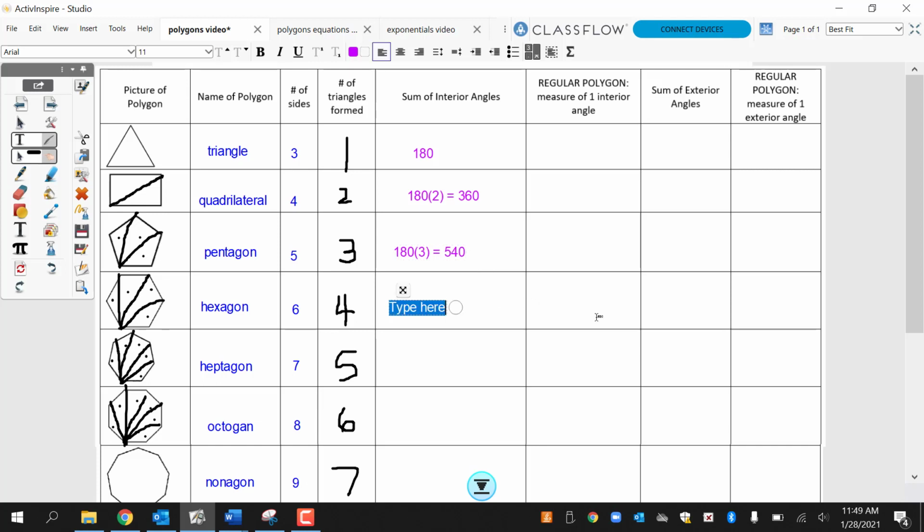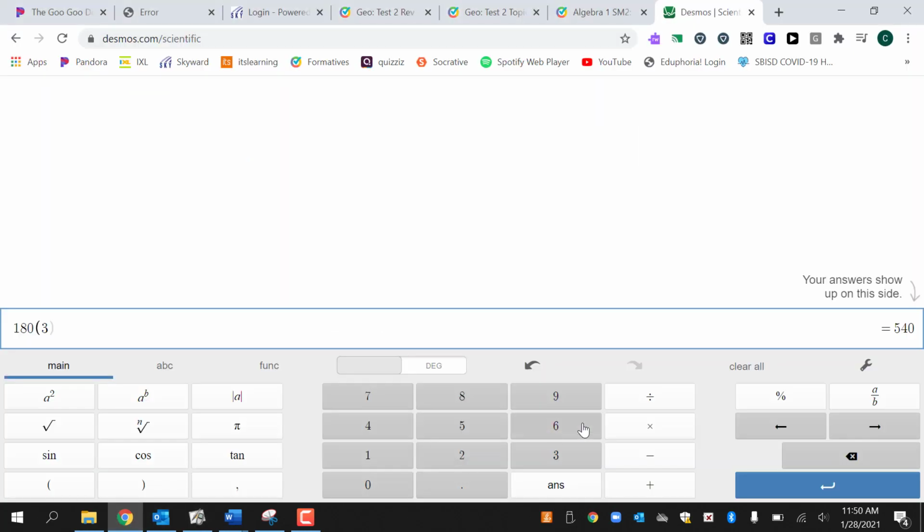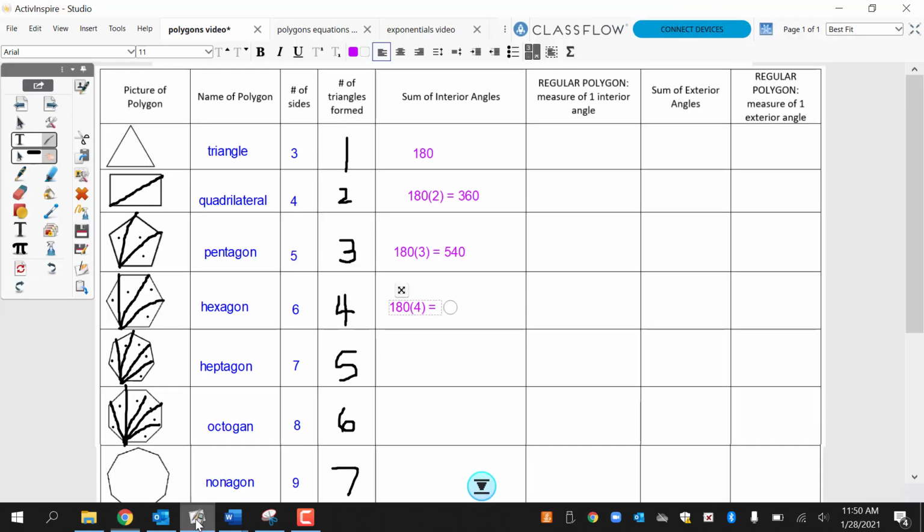Hexagon, how do we figure out what they add up to? Well, we do 180 times the number of triangles, which was 4. Let's find out. 180 times 4 is 720. So I'm just going to go ahead and fill out the rest of this table. 7 sides, we know that's going to have 5 triangles, that's what we just figured out.